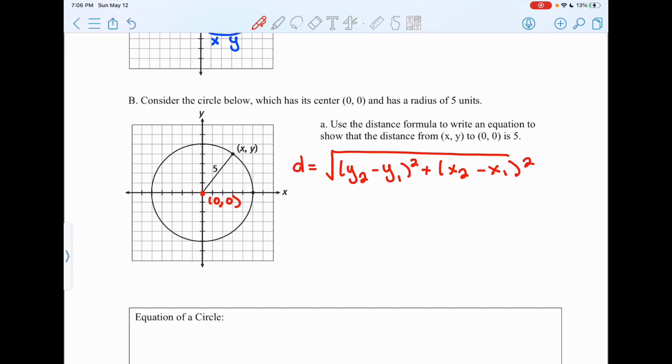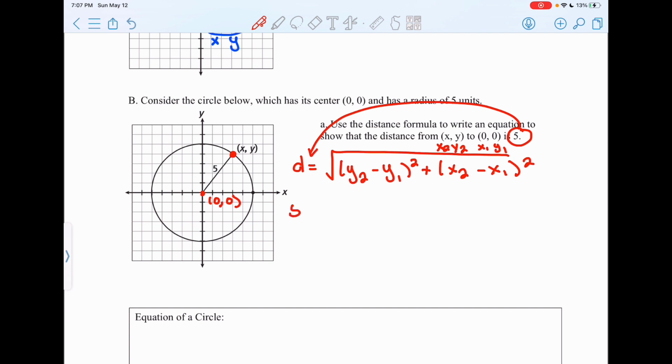And so our 2 points are x, y and 0, 0. I'm going to let 0, 0 be our x1 and y1, and I'm going to let x and y be our x2 and y2. And then remember, they're telling us that the distance is 5, since we already know that the distance between those 2 points is 5 units, which means we can plug in 5 for d.